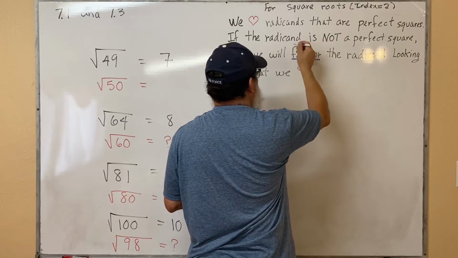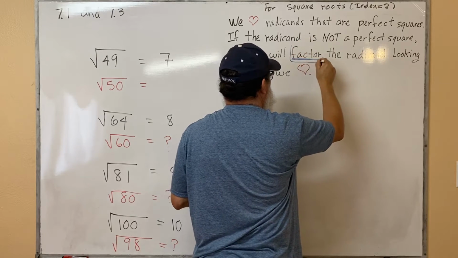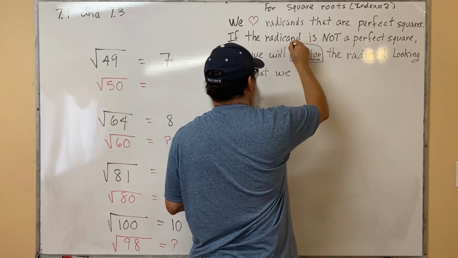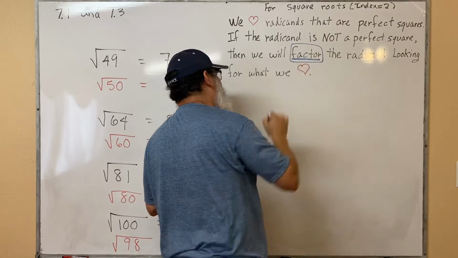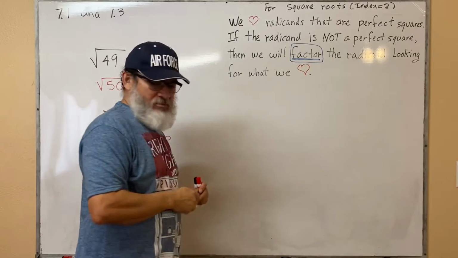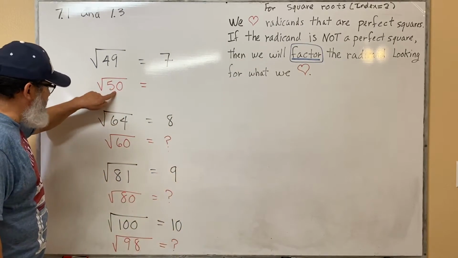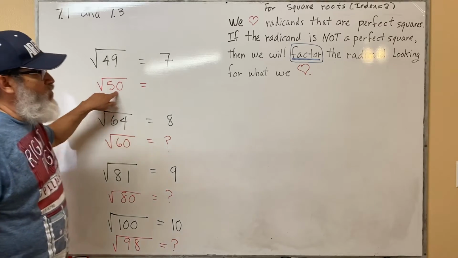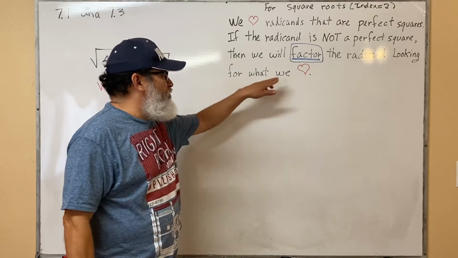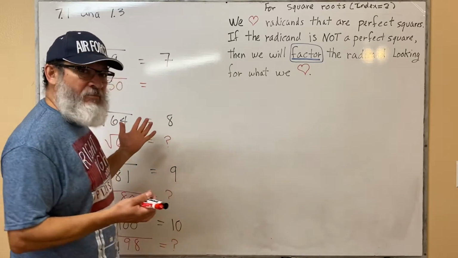Underline it, so if people see it, you want to factor. Okay. So we're going to factor this, and we are looking for factors that are perfect squares because that's what we love.